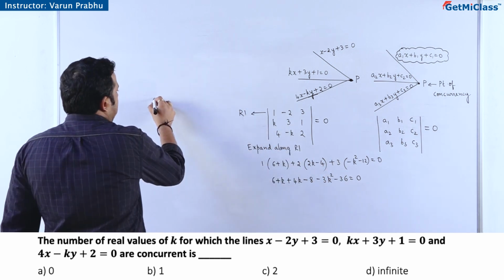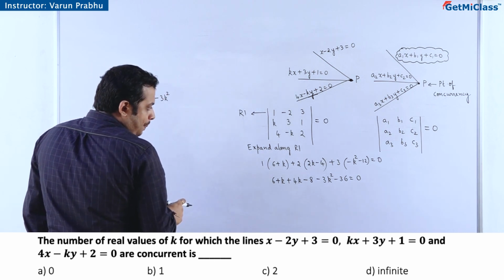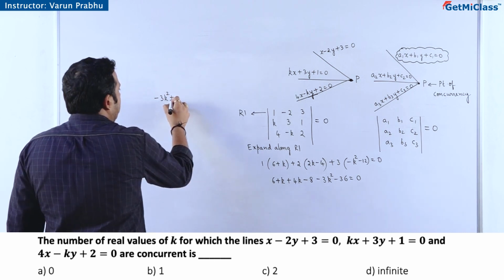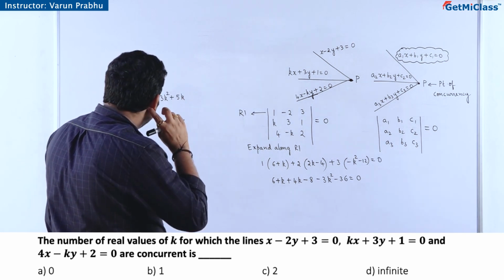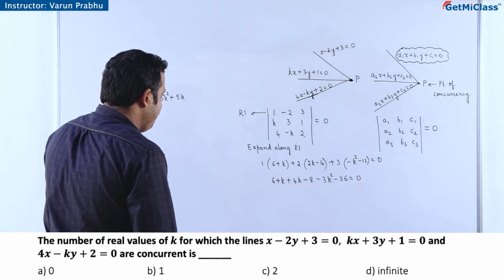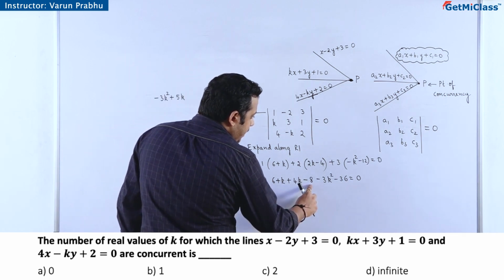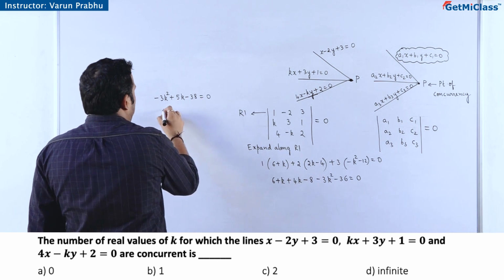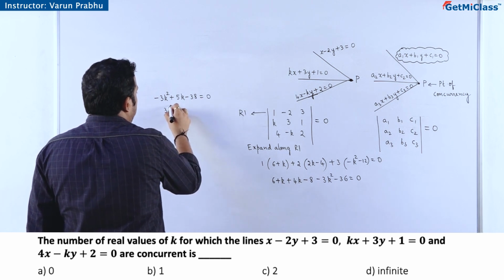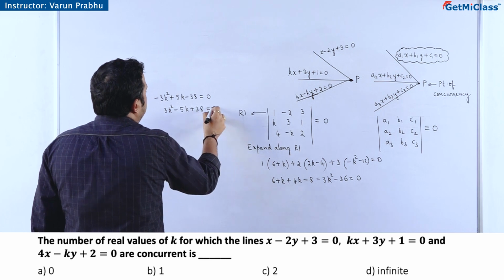So we can say here minus 3k square plus 5k plus 6 minus 8 minus 2 minus 38 is equal to 0. So what do you get? 3k square minus 5k plus 38 is equal to 0.